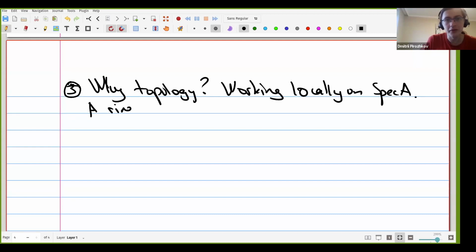Let's start with the ring A. For the purpose of this part, you don't really need it to be an algebra over something else. You can just work with the ring. Let's say some subset S of A, I will call it a multiplicative subset.